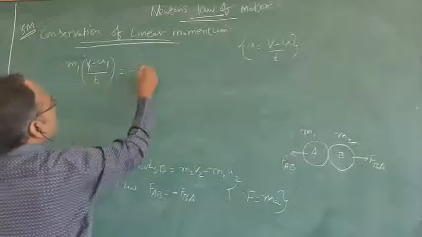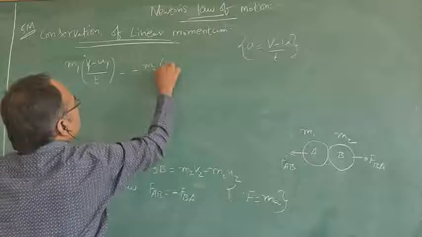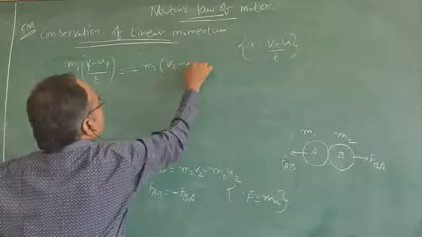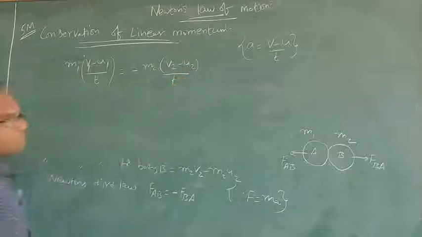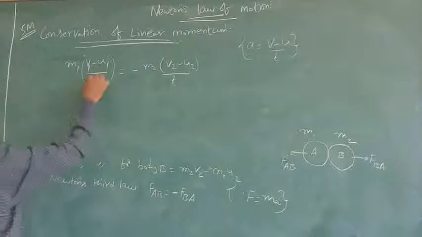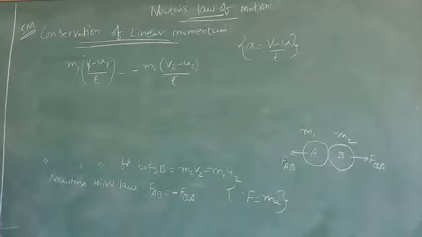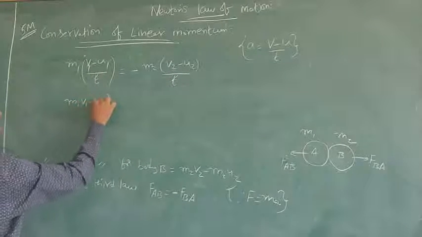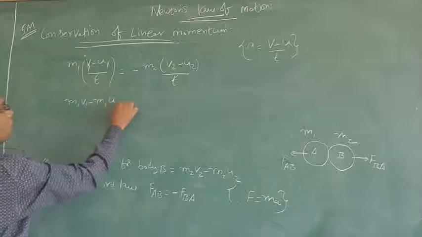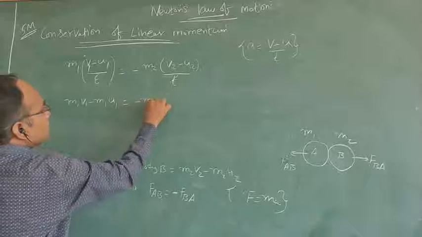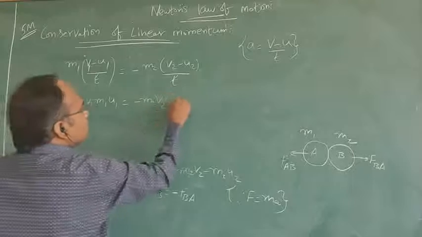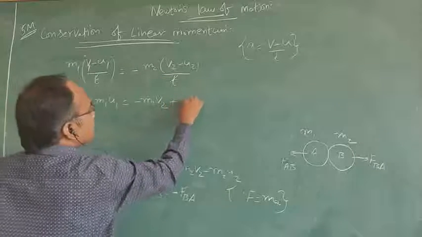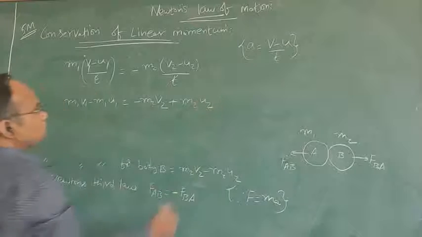FBA means m2 into (v2 minus u2) divided by t. Now this t and this t cancel.